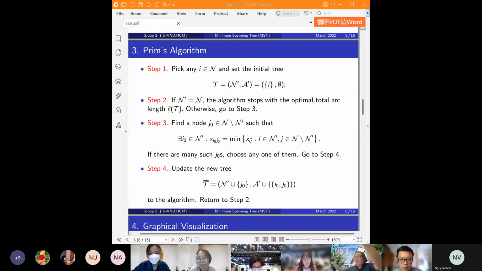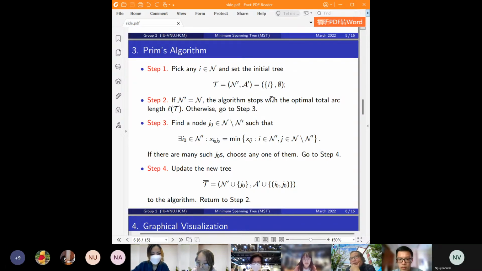But in the future, you may have similar problems, and you need to understand clearly now in order to work on them. Of course, in the next 2 weeks, if in the midterm exam there is a problem with a tree and I ask you to find the shortest spanning tree, you need to understand how to work on it. That is quite easy. Okay, continue.